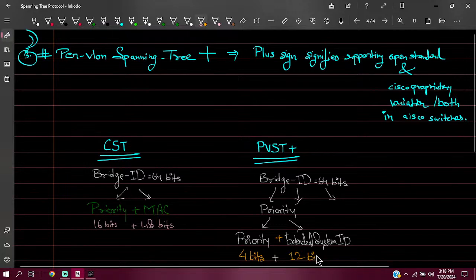So all in all, totally 12 plus 4 is 16 only, right? But this is the breakdown now in the per VLAN spanning tree. Other than that, yes, your MAC address is still available in the same existence of 48 bits.